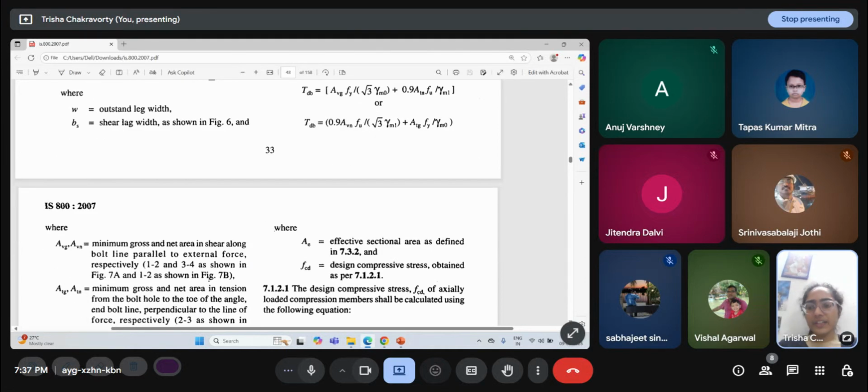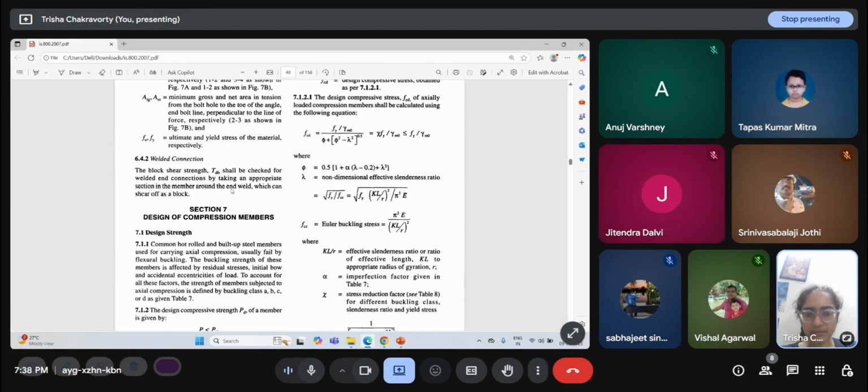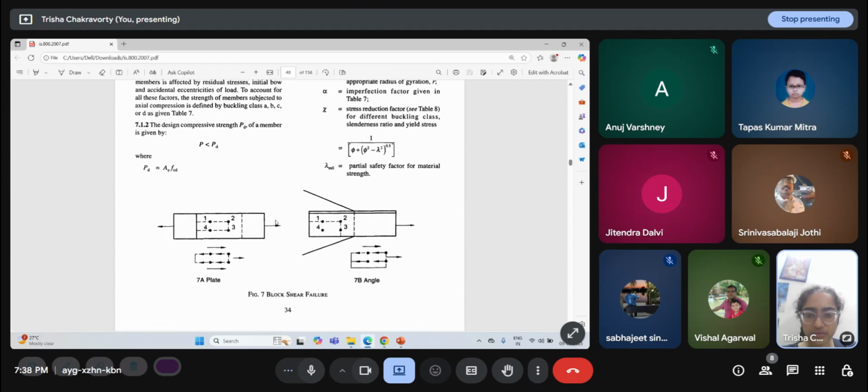Avg and Avn are the minimum gross and net area in shear along the bolt line parallel to the external force. I think it shows in some diagram. Yeah, it shows here.